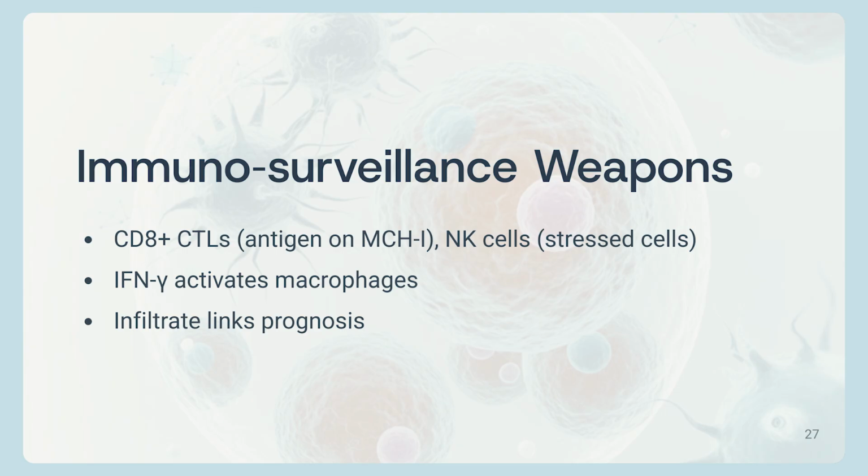Also important are cytokines like interferon gamma, which helps activate macrophages, enhancing the macrophages' ability to attack tumor cells. Generally speaking, tumors with more immune cell infiltration tend to have a better prognosis. What that means is if a tumor has more immune cells inside it, the patient is likely to do better.